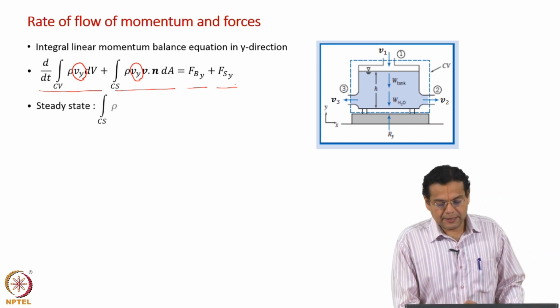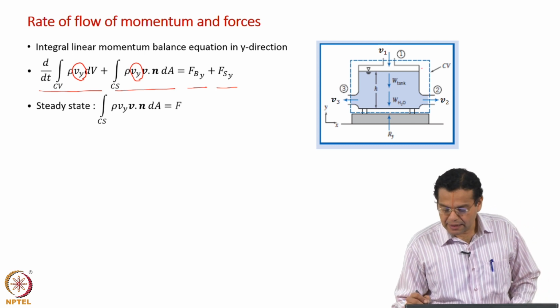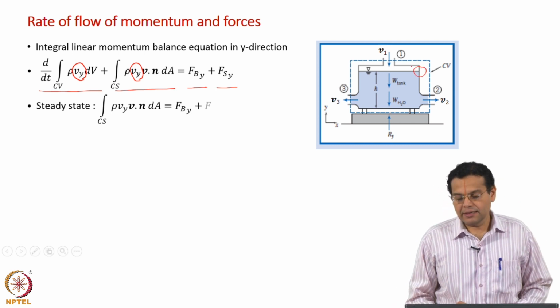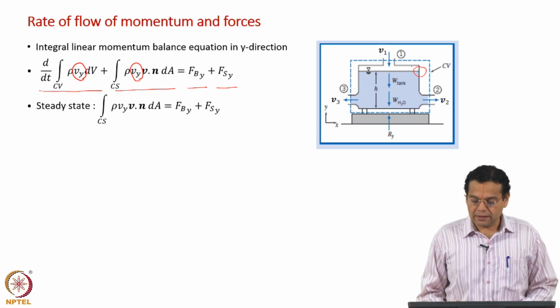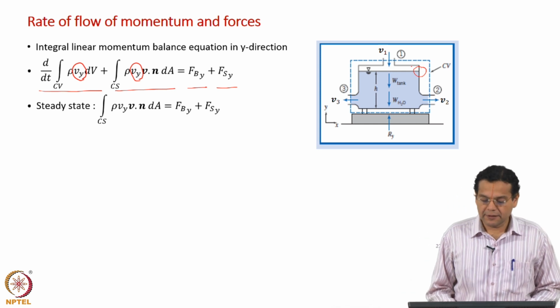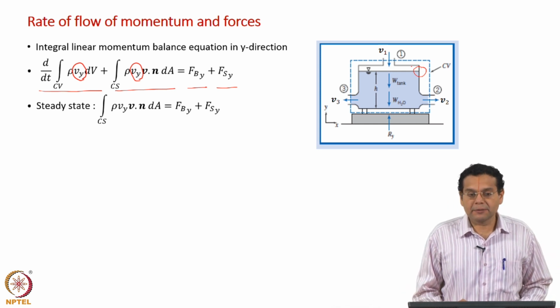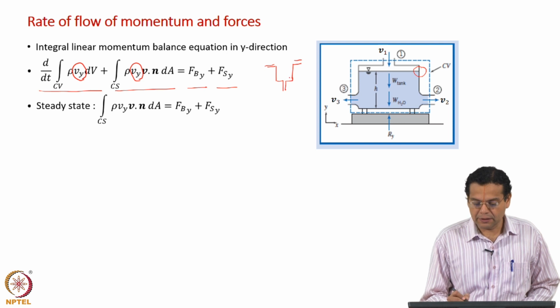Now, we will consider steady state condition. What does it mean? The level in the tank does not change with time, and hence we say it is under steady state condition. If you recall the experiment which we have done, we had two inlets and then one outlet.